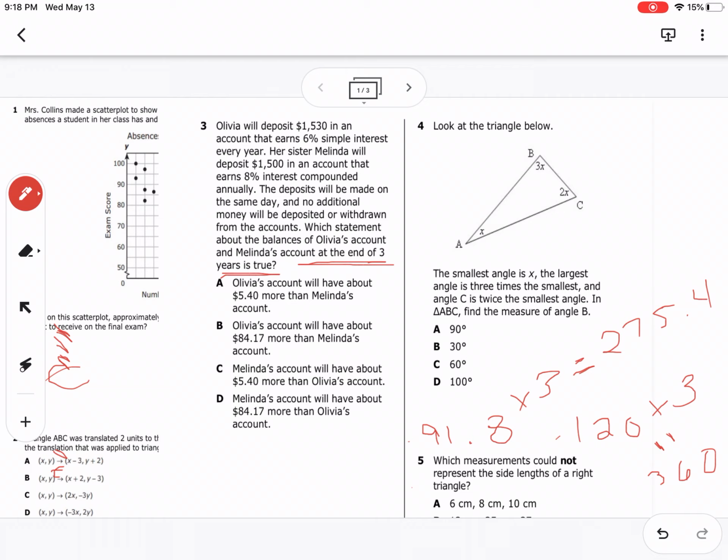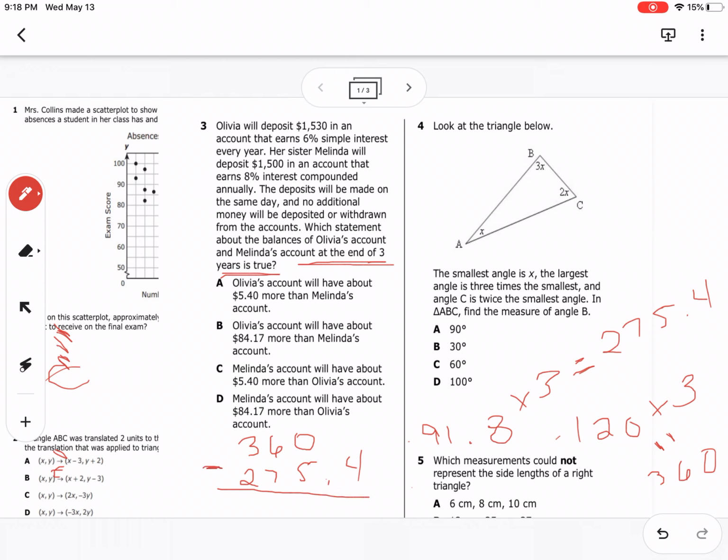We're going to move our work back under the question. So we have 275.4 for Olivia and 360 for Melinda. So we need to see the difference between the accounts. Whenever we're finding the difference, we just need to subtract.